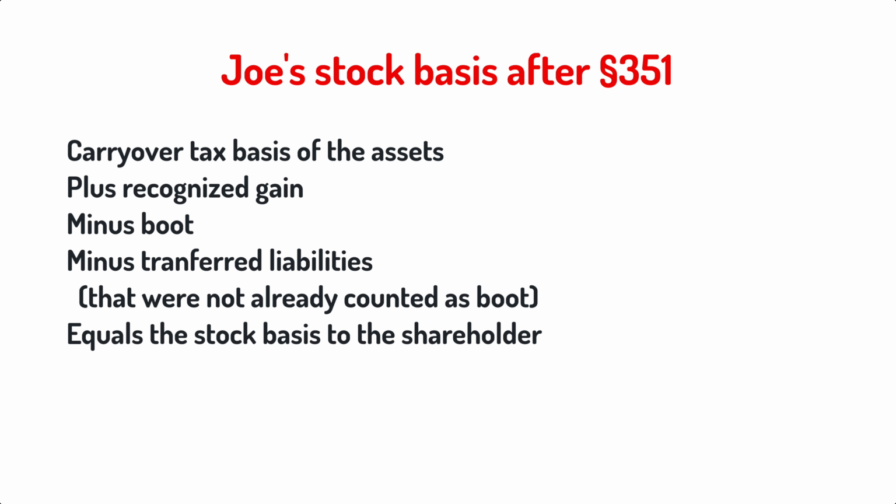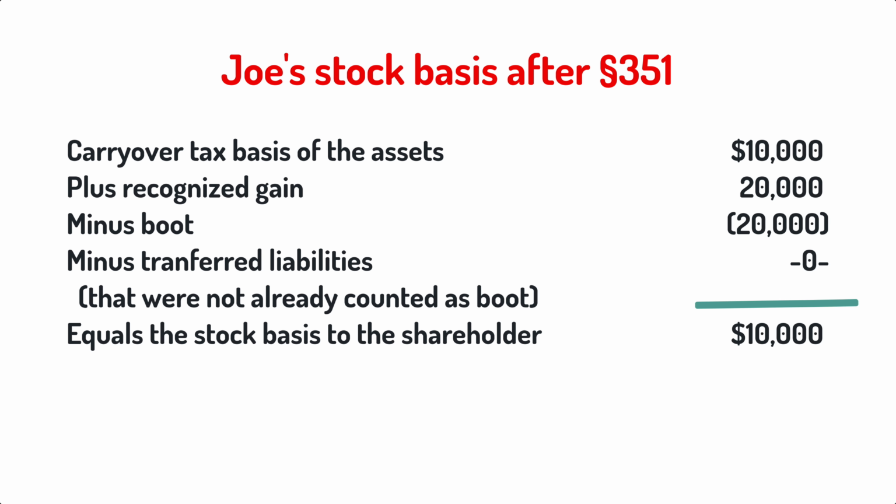It's the carryover tax basis of the assets he contributed to the corporation, plus any recognized gain, minus any boot received, minus any liabilities that Joe transferred to the corporation that were not already counted as boot, as you'll see later. All of this together equals the stock basis to the shareholder.